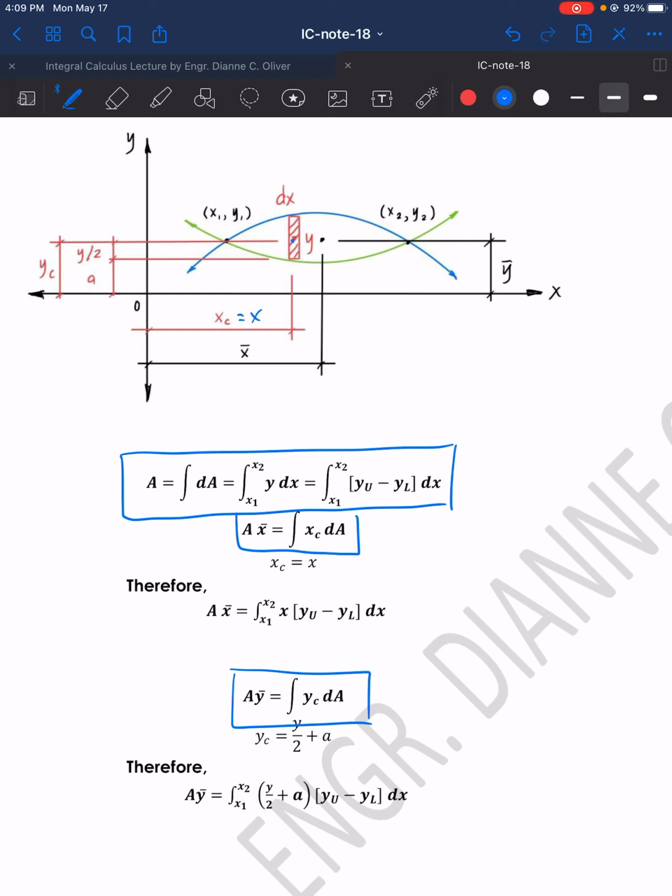And then for yc, the location of the center of the area strip is y divided by 2 plus the distance a, wherein the distance a is also equal to the distance here. So the distance here is actually equal to the y lower. Okay, so these are the formulas that we will use.